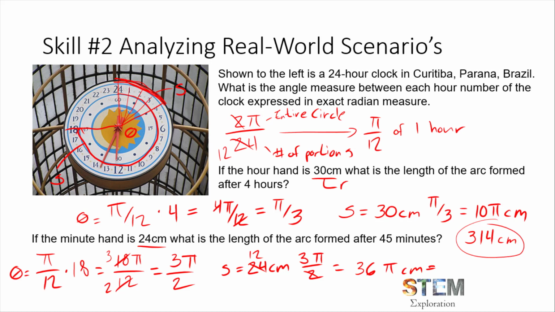If we need to do a little math on the units, it would just be 36 times pi, which is equal to 113.10 centimeters. And then you would have the arc length formed by the minute hand going 45 minutes.